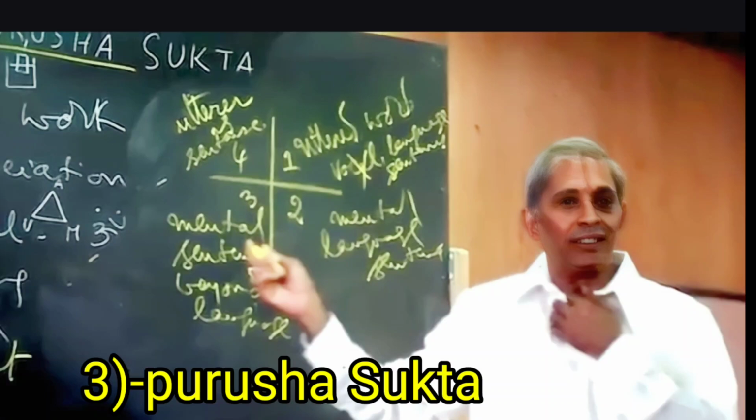We will have 12 visions beginning with head, face, region, like this, you divide. Navel, then lower abdomen, like this, you have 12 visions.